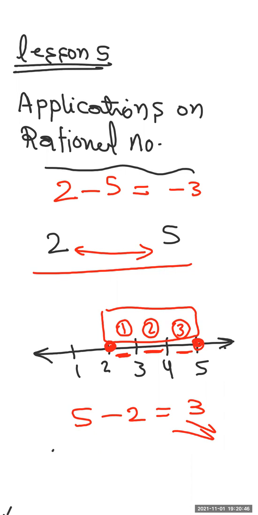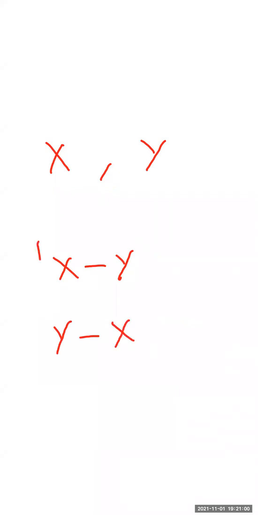The distance is always positive. So in this case, guys, we have to know that the distance between two numbers, x and y, is x minus y or y minus x, but the absolute value of the result, so that it will always be positive, because there is no negative distance.